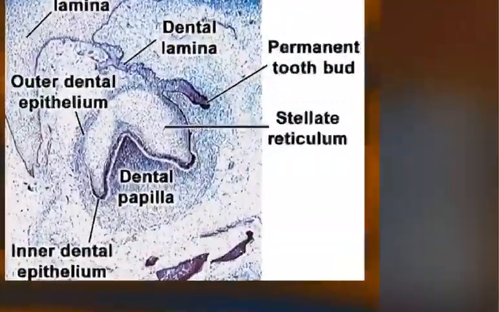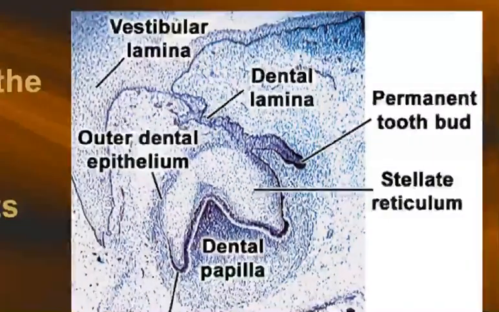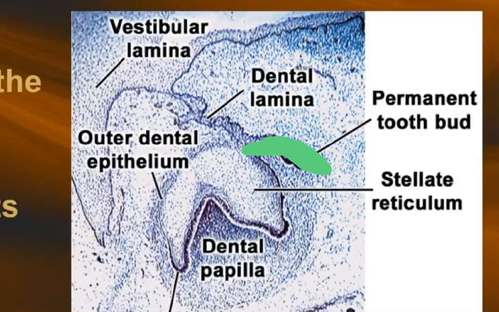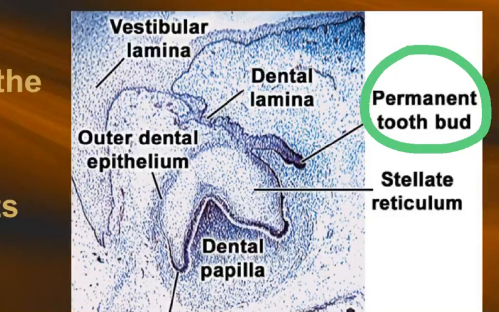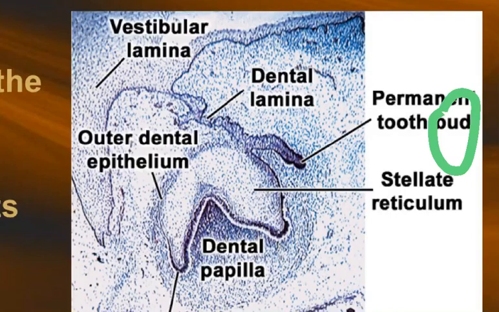There are many changes taking place in the early bell stage. One of these changes is that we start to see the successional lamina. It's called here permanent tooth bud.